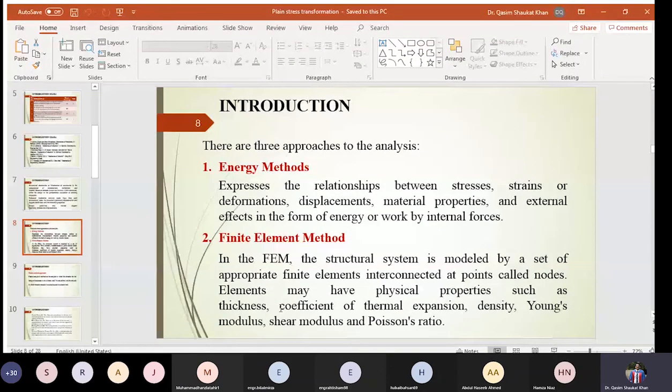These physical properties can be used to develop the relationships between stresses and strains. You can calculate the stresses or the strains, and then using these relationships, you can calculate the unknown. Okay, so your computer software works on the finite element method.